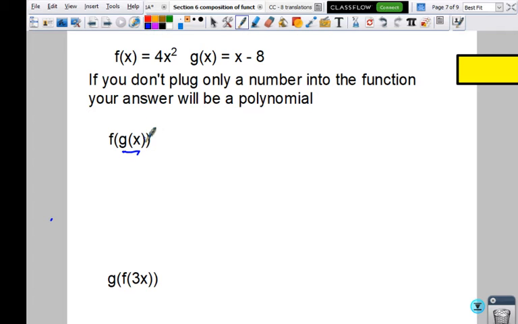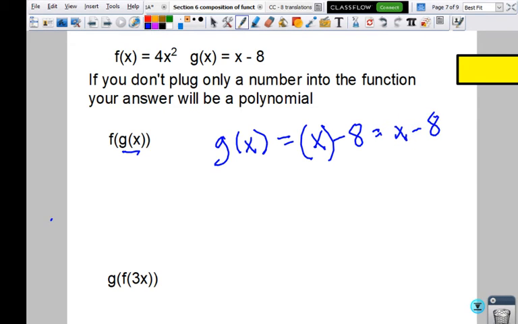Everywhere I see an x, I'm going to replace it with an x. If I replace x with x, does anything change? No. I get g of x equals x minus 8.